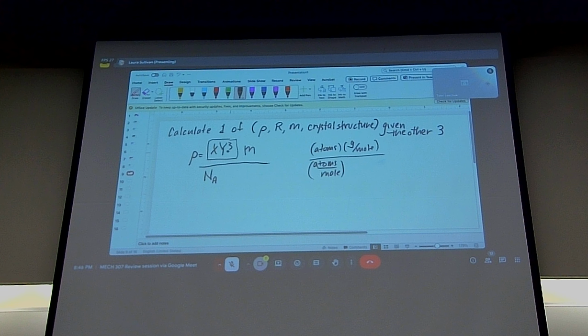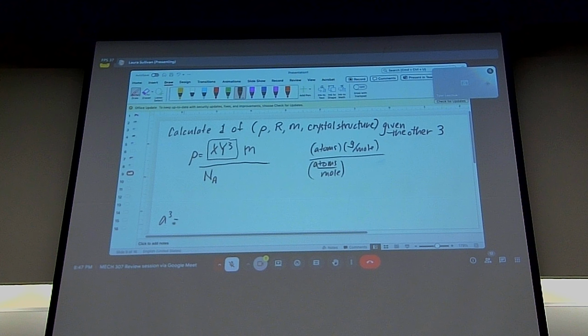I need to have the volume here. The volume of the unit cell is A cubed, which is, let me think here. No, that's not volume.